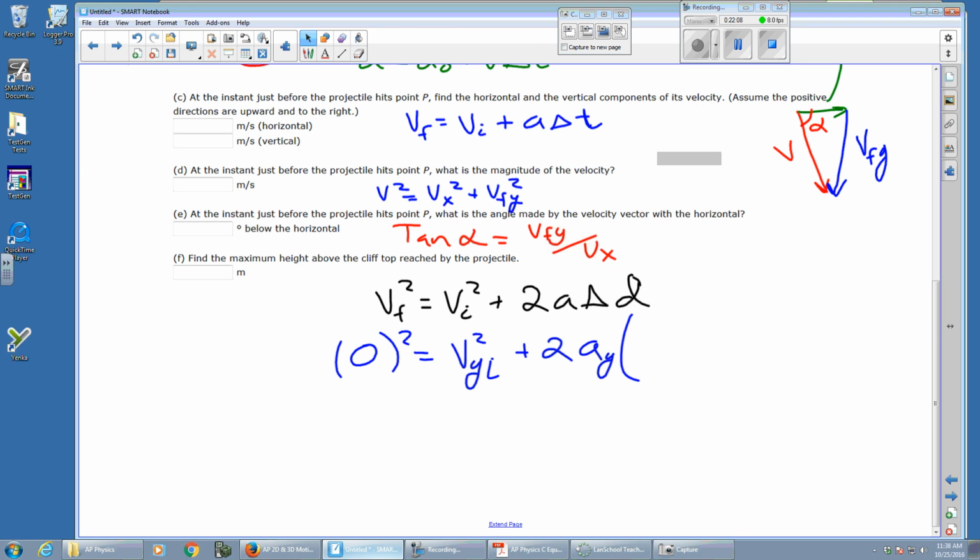How about h max? So that delta d is going to be the 185 meters height of the cliff plus h max. And h max is the only thing you don't know in there. Yay!